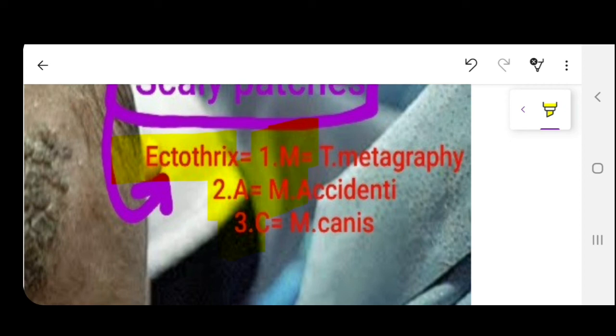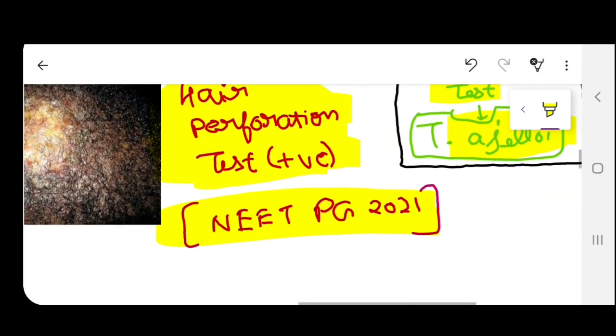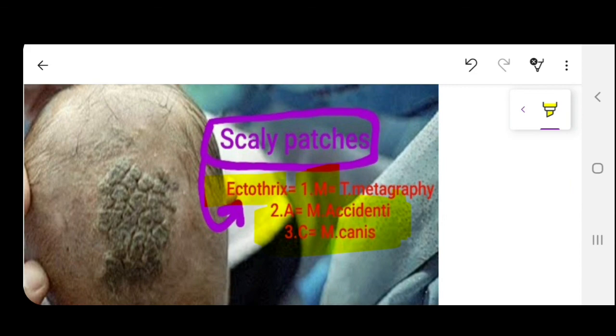And C is Microsporum canis. So these two are Microsporum, and the above is only Trichophyton. So you can remember by MAC. These ectothrix cause scaly patches, as you can see here. This is a kerion, and they also cause scaly patches.